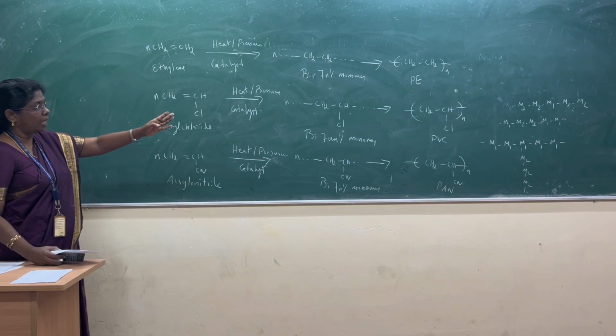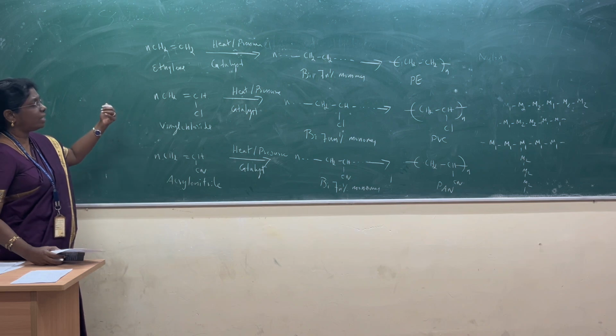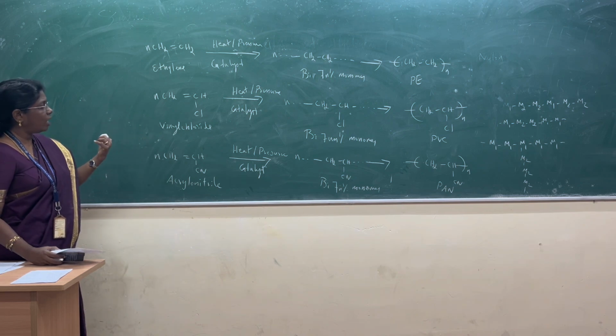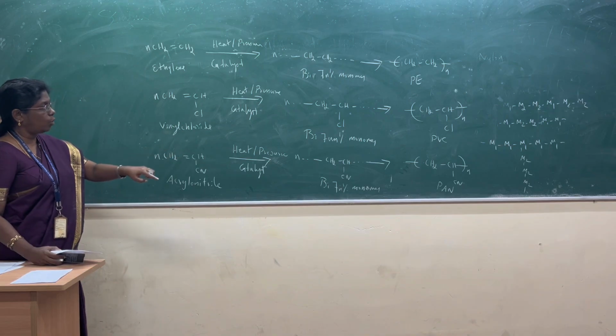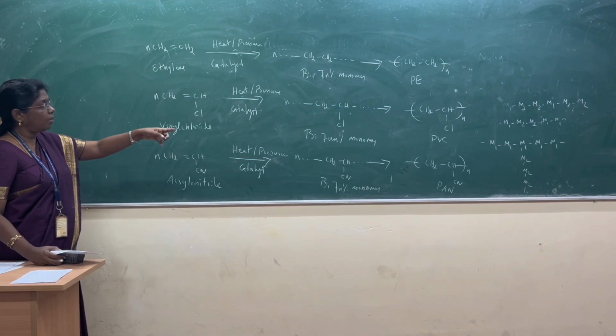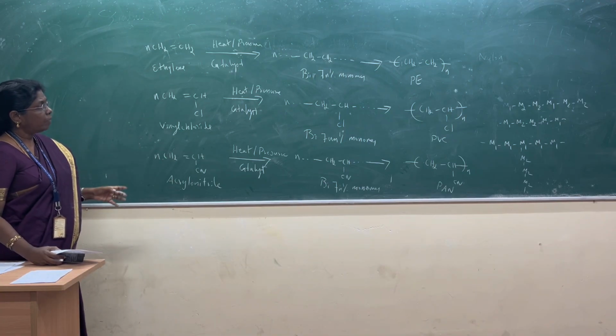The polymers are polyethylene, PVC and PAN, and the monomers are ethylene, vinyl chloride and acrylonitrile. That is called addition polymerization.